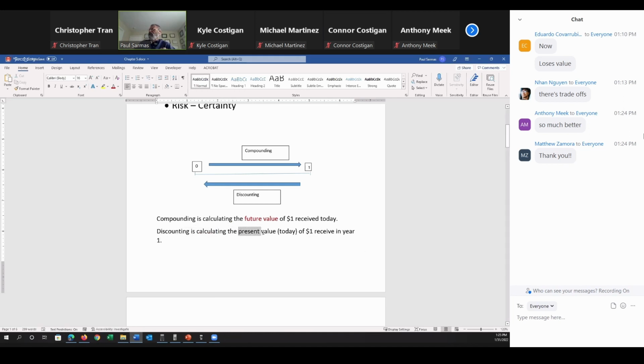Okay, so discounting is calculating present value. Compounding is calculating future value. Once again, compounding is going from now, year 0, to year 1. Discounting is going from year 1 to 0.